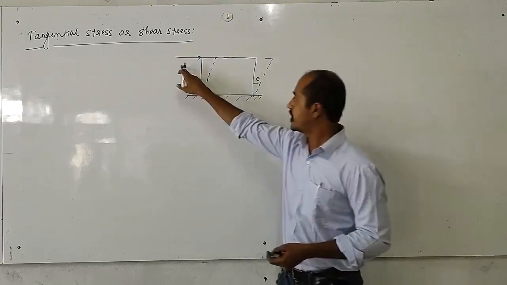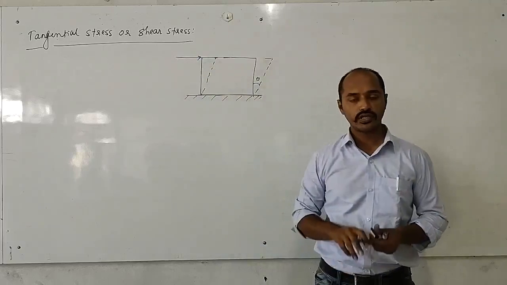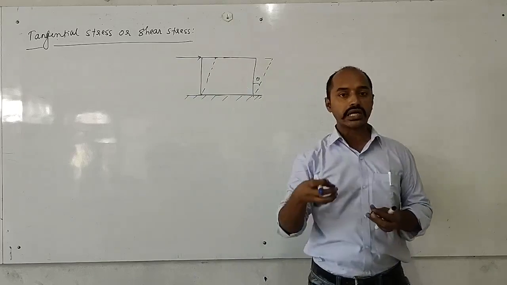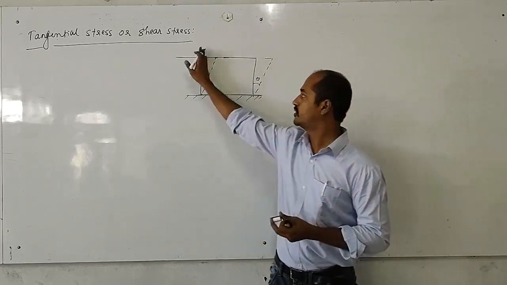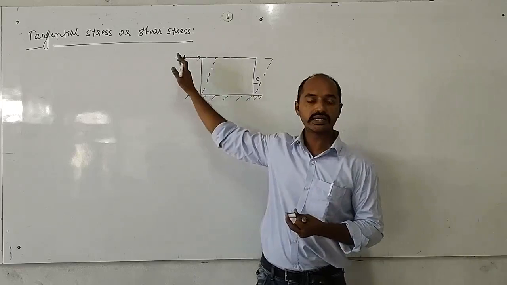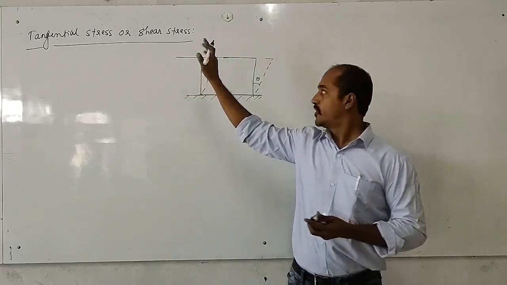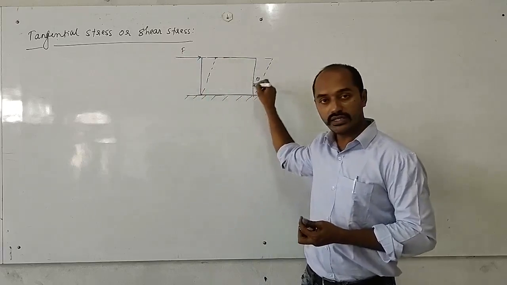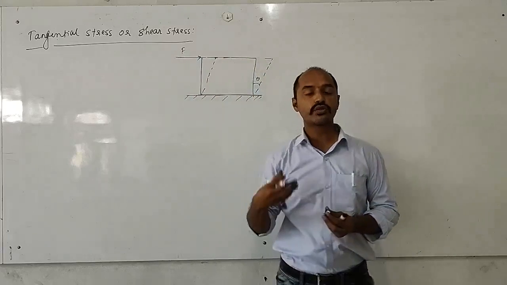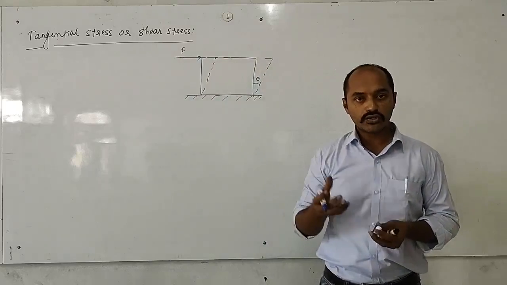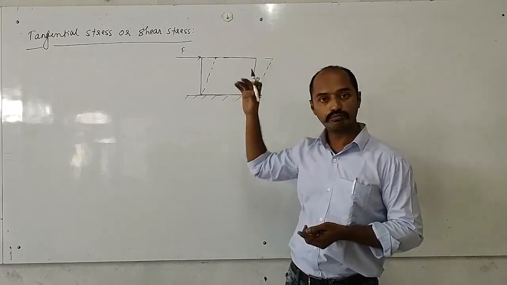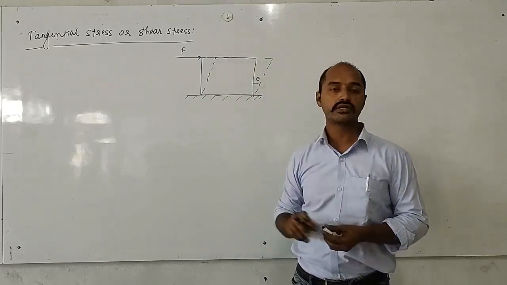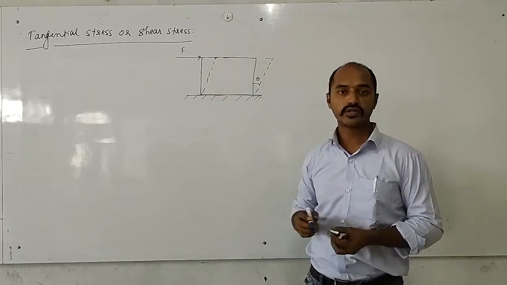So whatever force is applied, this is a tangential force. Due to this tangential force, certain restoring forces are developed. When I remove this tangential force, once again the body regains its original shape and size. Right? So due to this tangential force F, within the body some restoring forces are developed. The ratio of restoring force per unit cross-sectional area of the body gives the tangential stress or shear stress.